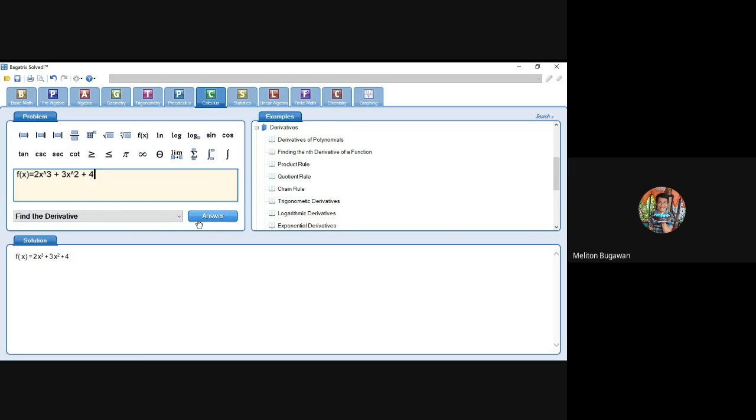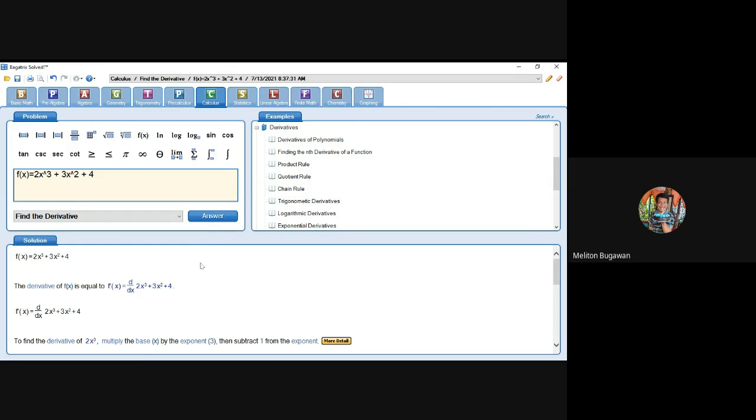Then after that, we are going to click answer. Then the Debuggatrix will give you the complete details of the solution. We have f of x is equal to 2x cubed plus 3x squared plus 4, and we have the complete derivative, f prime of x is equal to the derivative of 2x cubed plus 3x squared plus 4 with respect to x.